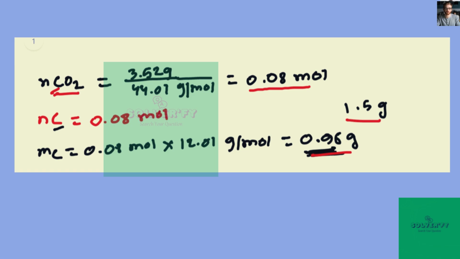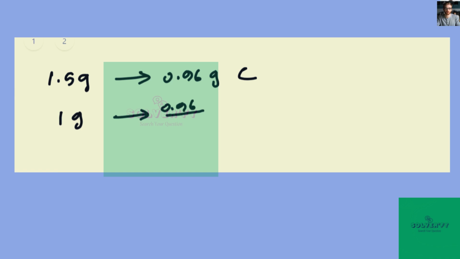So if 1.5 gram of sample contains 0.96 gram of carbon, that means 1 gram of sample will contain 0.96 gram over 1.5 gram, which will give us a value of 0.64 gram carbon. So this is the amount of carbon in 1 gram of sample.